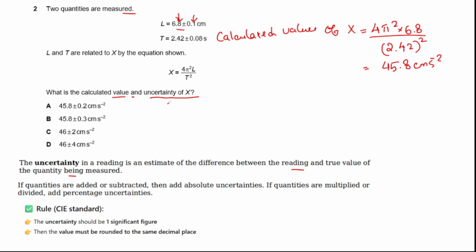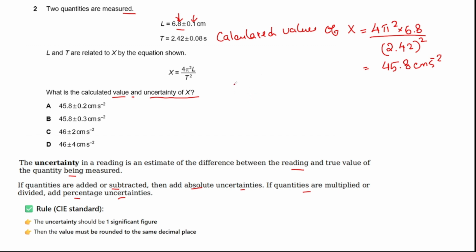If quantities are added or subtracted, then add absolute uncertainties, and if quantities are multiplied or divided, then add the percentage uncertainties. Here they have multiplied and divided, so we'll find the percentage uncertainty of each.